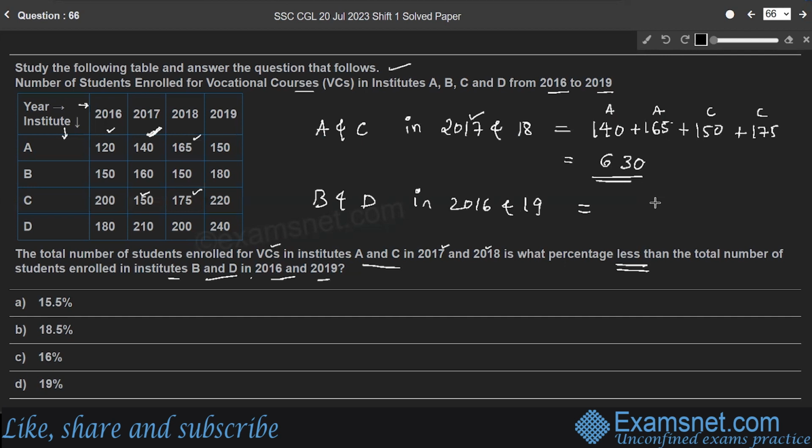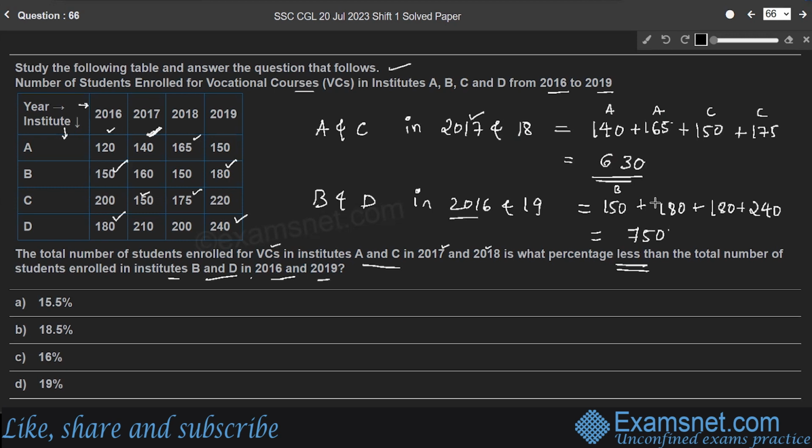In Institute B, in 2016, 150 students enrolled, whereas in 19, 180 students enrolled. In Institute D, in 2016, 180 students enrolled, and in 2019, 240 students enrolled. Therefore, add all these values, you will get 750 students enrolled in Institute B and D in the 2 years, 16 and 19, totally.